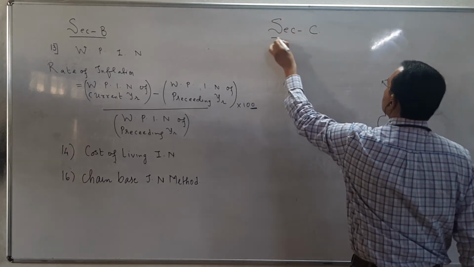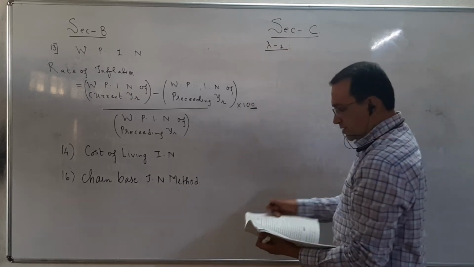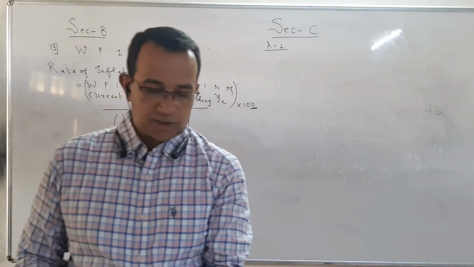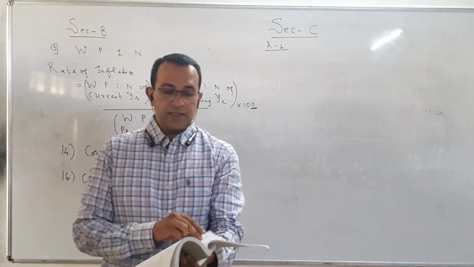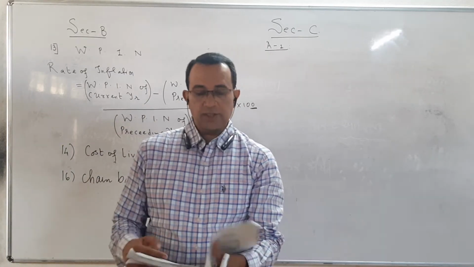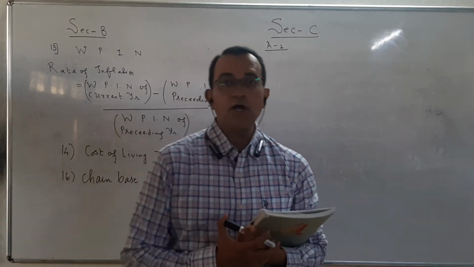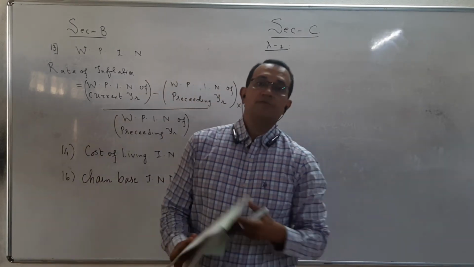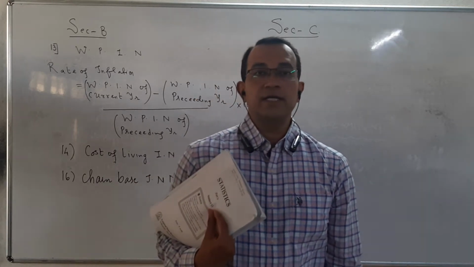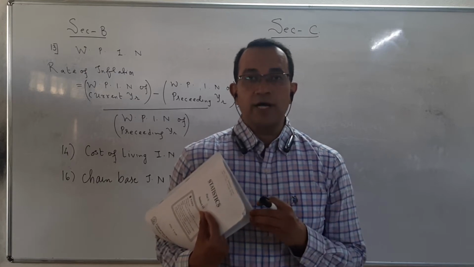Students, section C, answer 1. What points are to be considered while constructing the cost of living index number? Students, we have already discussed the theory given on page 31. The first is purpose. For what purpose, students, we are constructing the cost of living index number? Second is family budget inquiry.